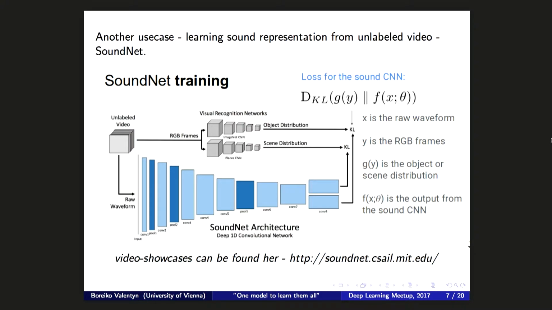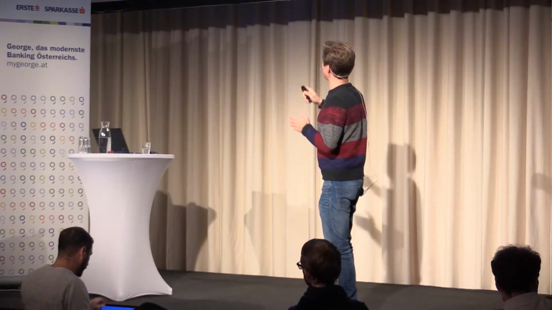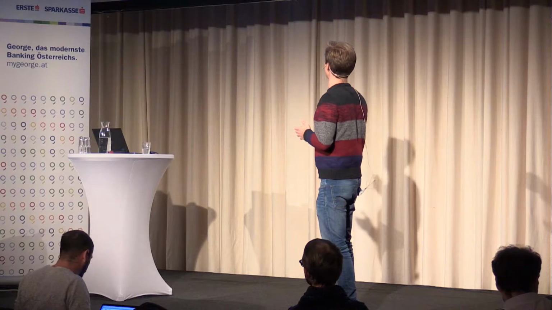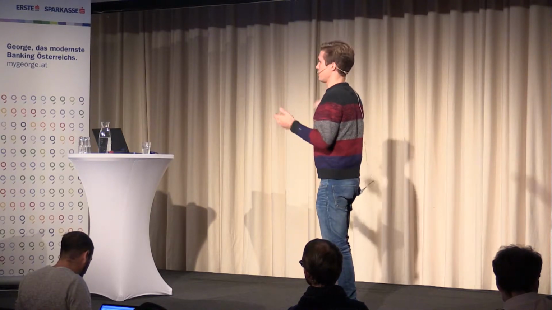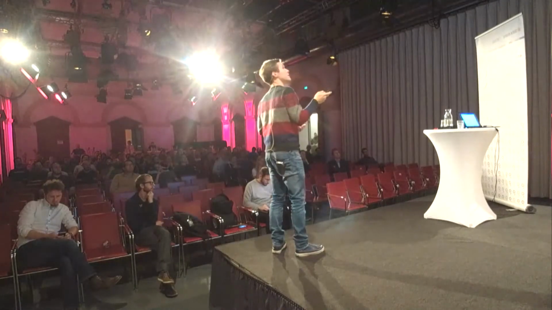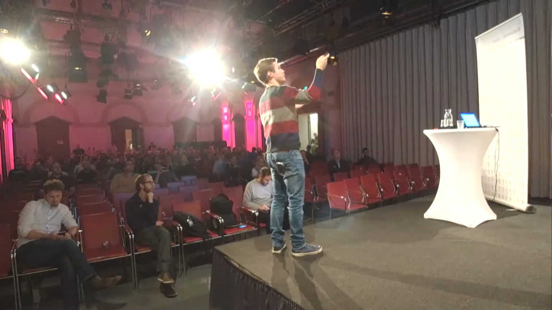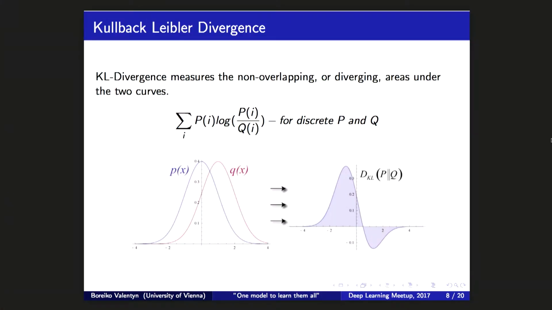What they did, they took a video stream, and they took an already existing CNN. They took the features of the CNN and trained the network so that the Kullback-Leibler divergence, it's basically this formula, the distance between two probability distributions, is reduced.